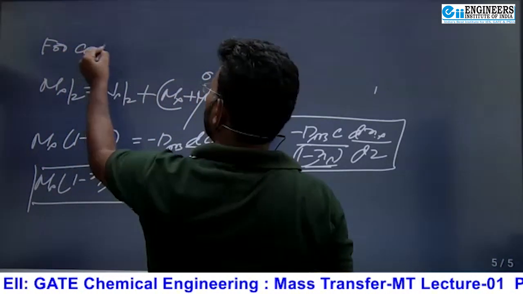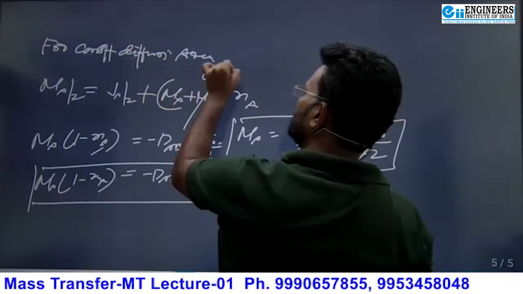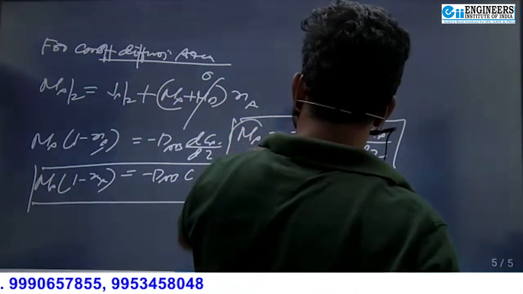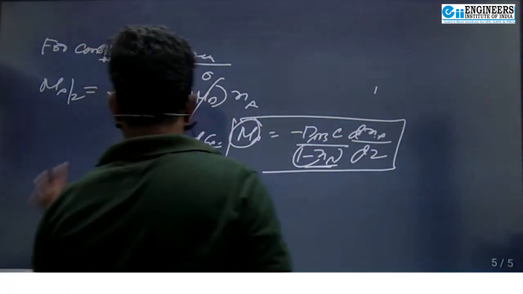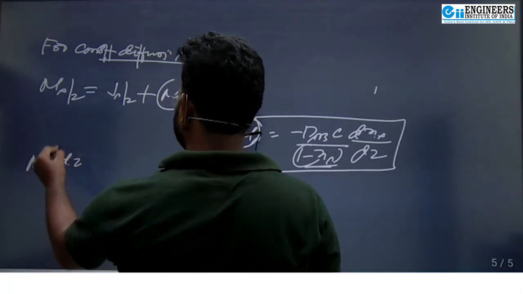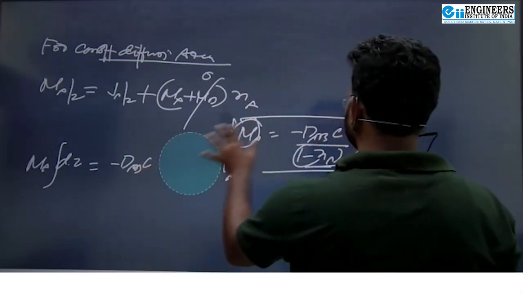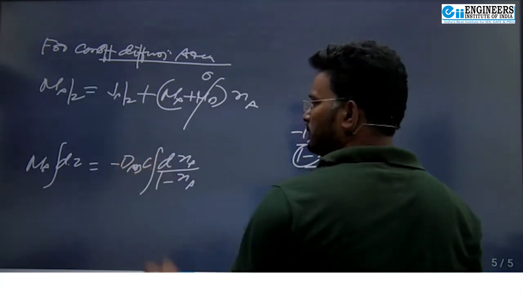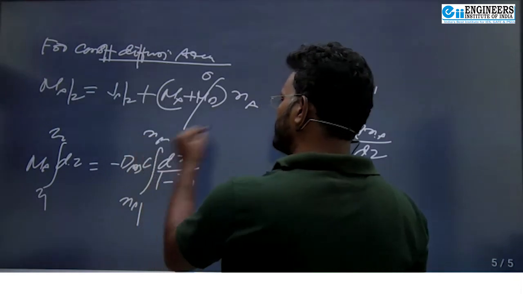Now for constant diffusion area, which area? The area should be normal to the direction of mass transfer, as in heat transfer. So NA is not a function of Z, then NA into dZ you can integrate, minus DAB into C into dXA upon 1 minus XA, from Z1 to Z2, XA1 to XA2.